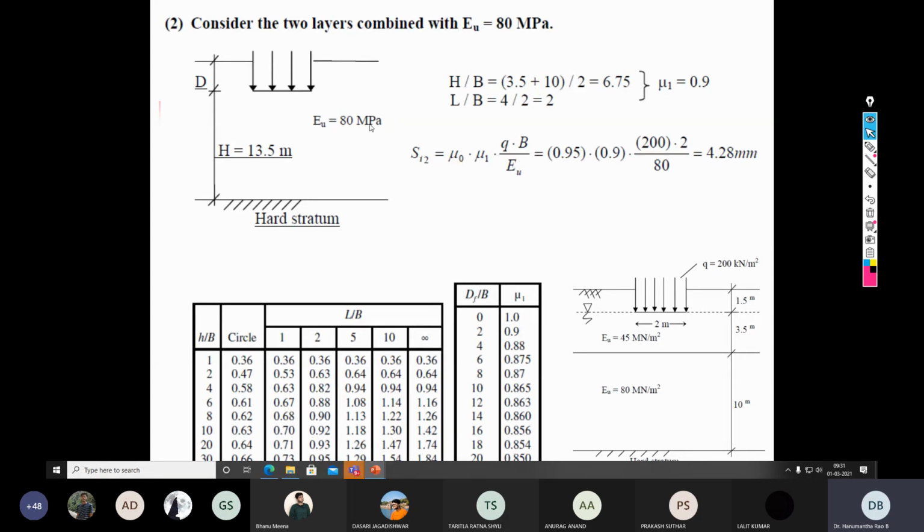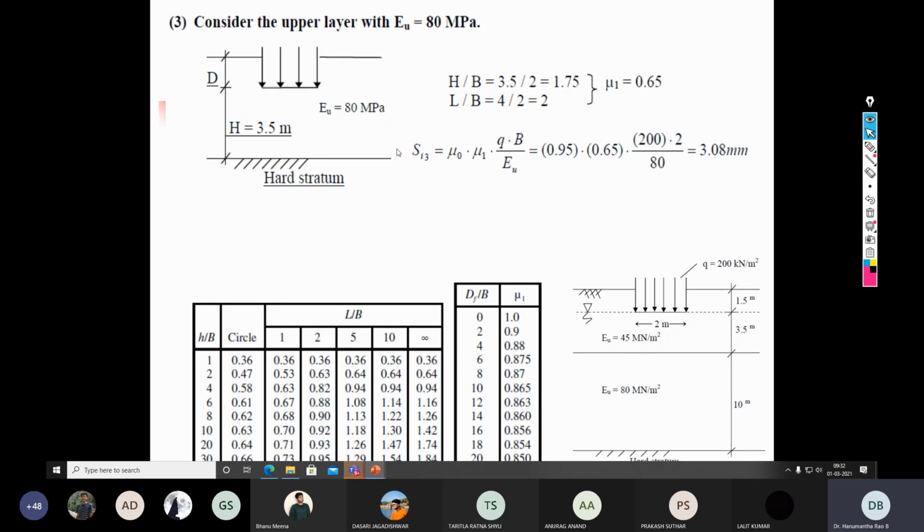So based on this assumption, again we have calculated mu naught for H by B and L by B, mu 1 for Df by B. Substitute into the elastic settlement equation SI2, and what we have calculated is 4 plus millimeter. But as we made an assumption in the second step, that is considering EU of 80 megapascals for the depth of 3.5 meter, in order to deduct that portion, we made one additional step, that is step number 3.